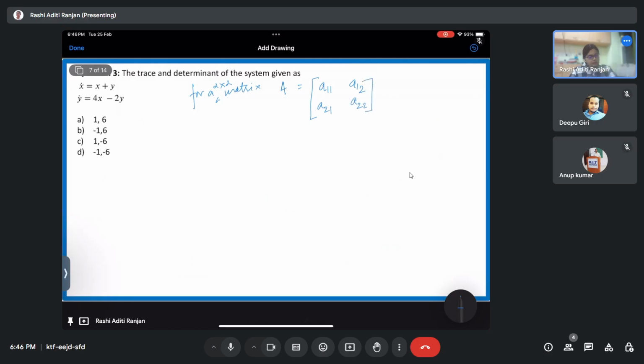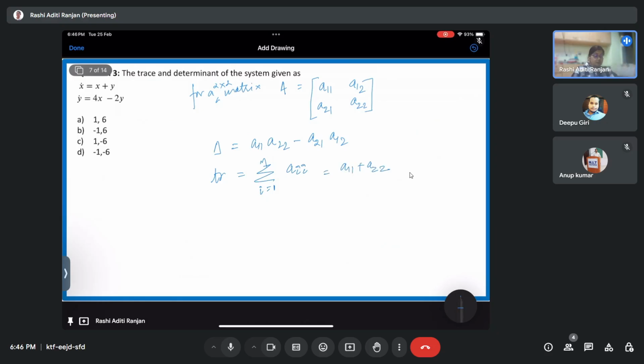Determinant is given as nothing but A11 A22 minus A21 A12. And trace is nothing but the sum of the diagonal elements, which here is going to be A11 plus A22.